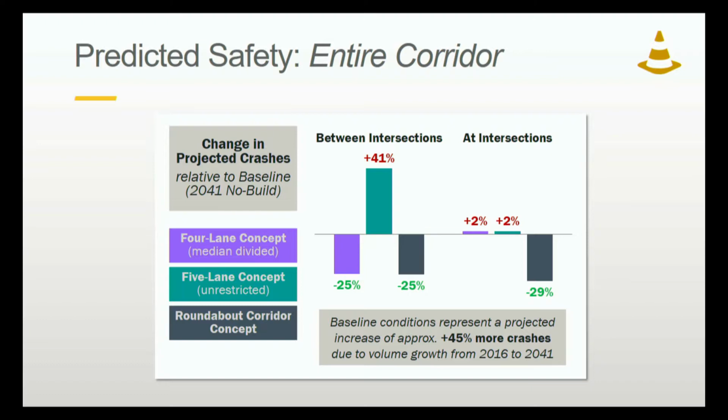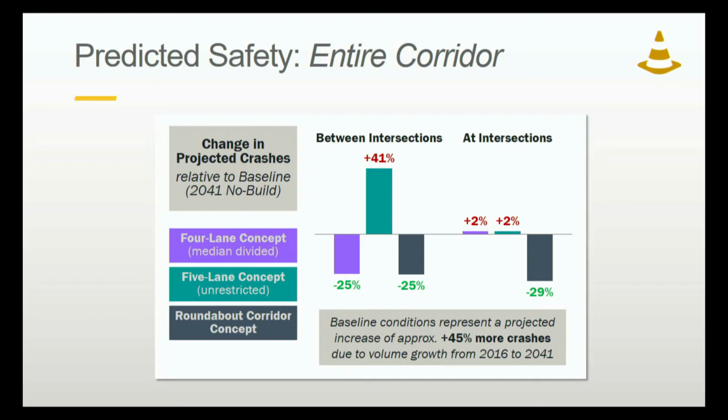And those are our access management, our median divided concepts, the 4-lane with a median concept and the roundabout corridor with a median. We saw about a 25% reduction in crashes along the entire length of the corridor based on IHSDM predictions.